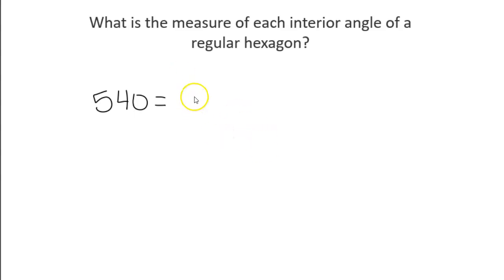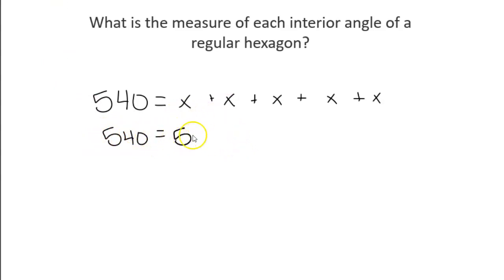I don't know the interior angles, but I know that they're all going to be the same amount, so that helps me. We're talking about 5 angles, all the same measure, and I'm going to add them all up. That should give me 540, because I used that formula to tell me that the sum of all of them together, and sum means to add, is 540. We can also write this a lot prettier as 5x, because it's 5 x's.